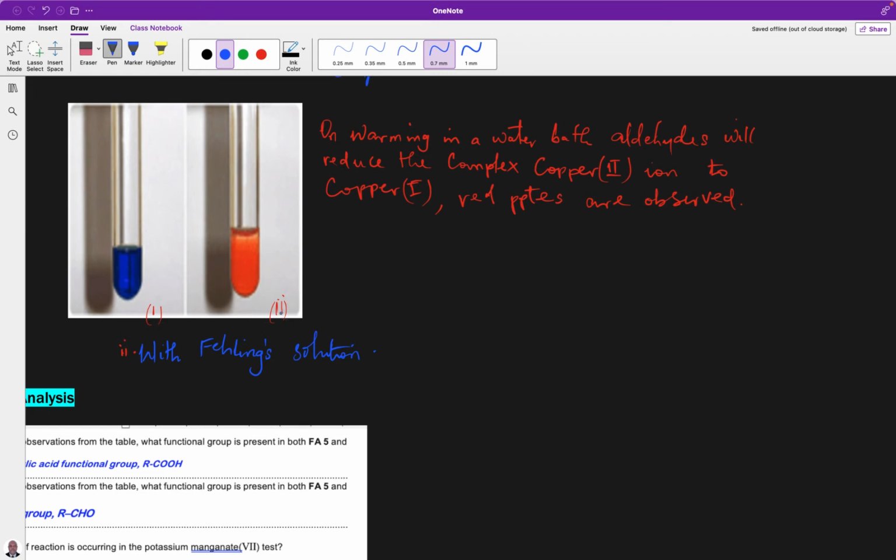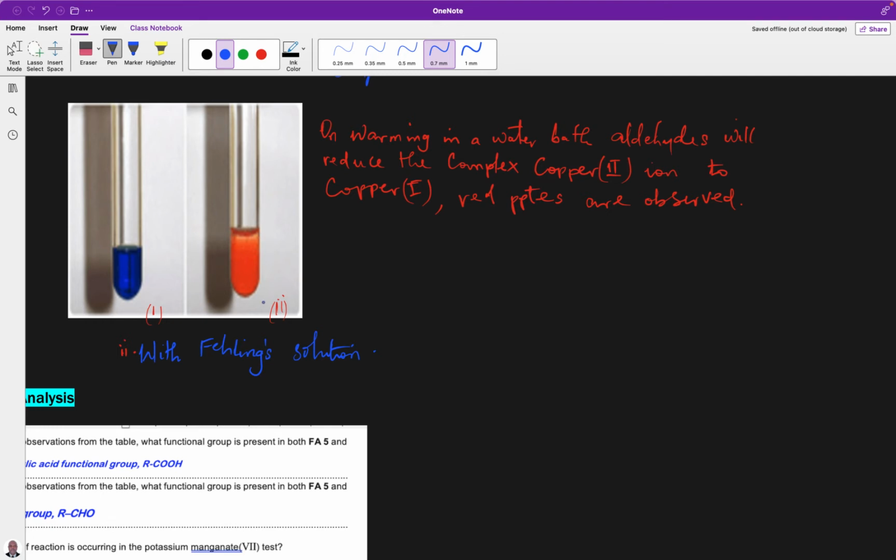Test tube number 2 contains an aldehyde. If we place the copper(II) ion complex into test tube number 2 containing an aldehyde, and place it in a water bath, after warming in the water bath, the aldehyde is going to reduce the complex copper(II) ion to copper(I).